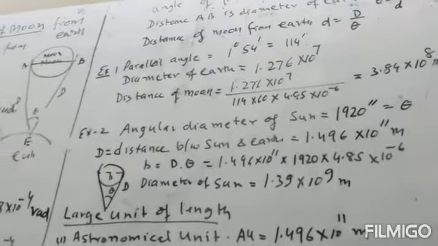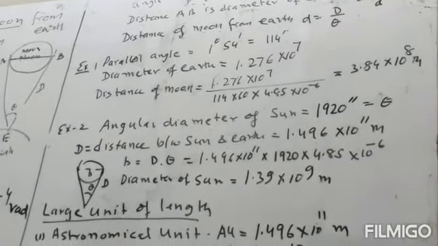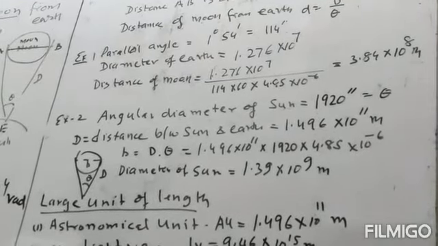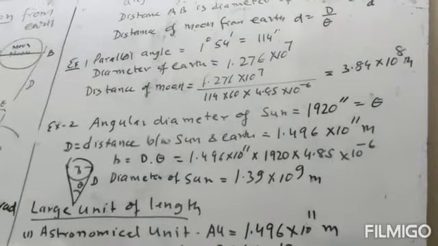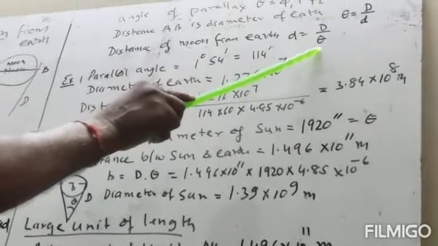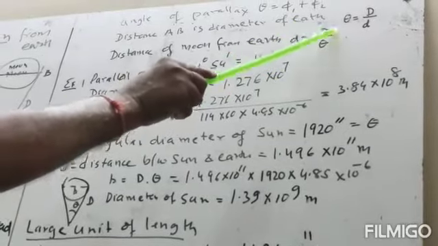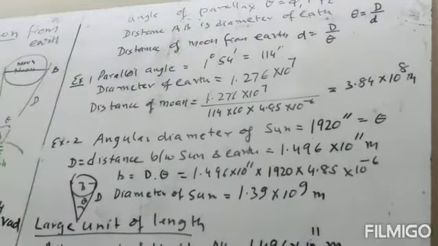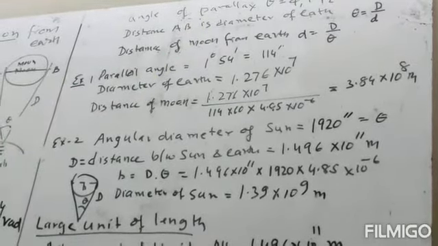We take one observation of the parallax angle today, and the second angle will be measured after 6 months, and we can find the total angle and divide the diameter of the earth by it and we can get the distance of the moon from the earth.